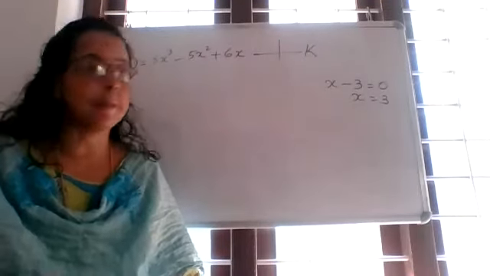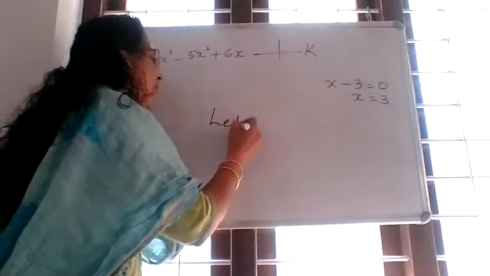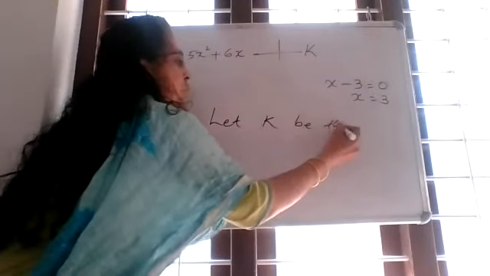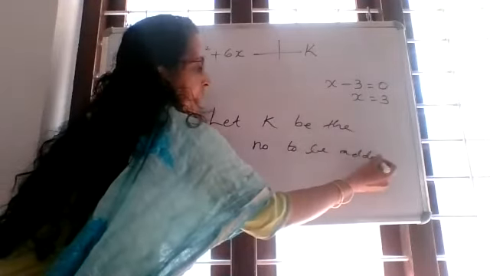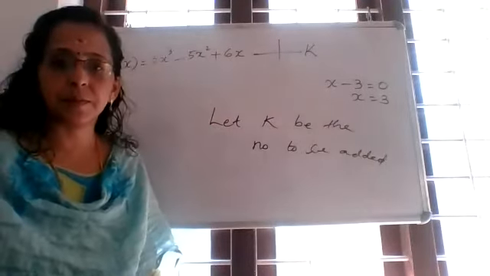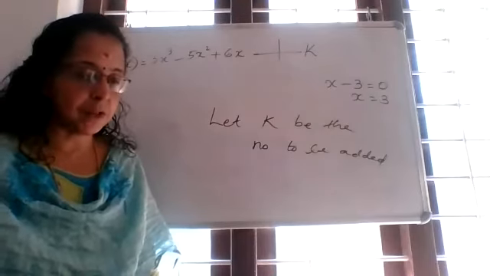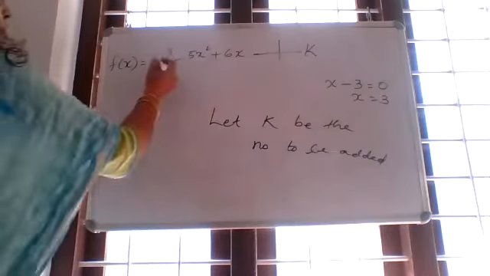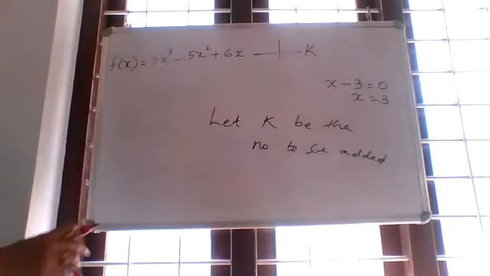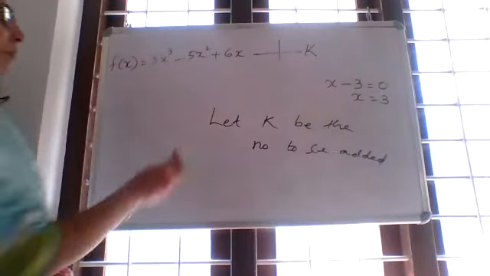Let k be the number to be added. Therefore, f of x is equal to 3x cubed minus 5x square plus 6x plus k.